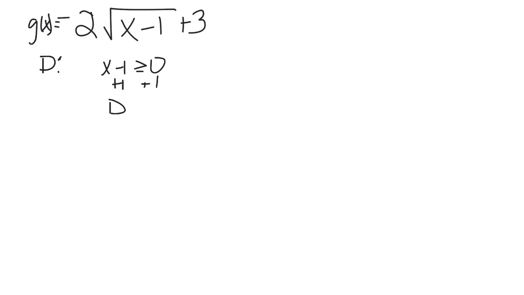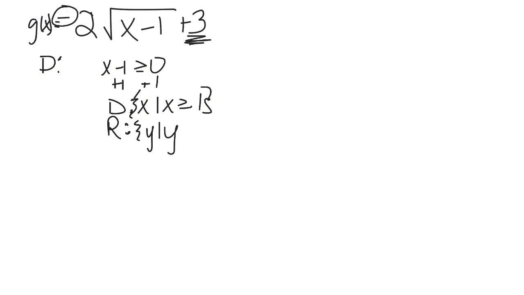So our domain is that x such that x is greater than or equal to positive 1. And it's negative, so that's a reflection. That means my range, instead of being greater than this 3, it's actually going to be less than or equal to 3. And we'll confirm that as we graph it.